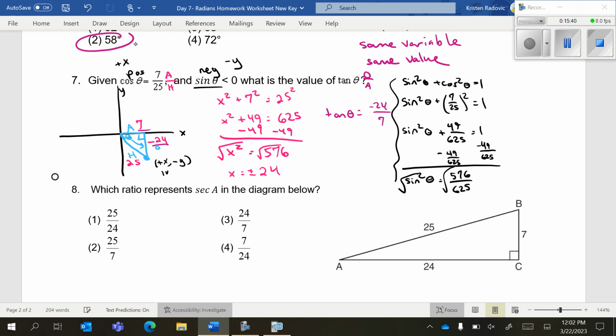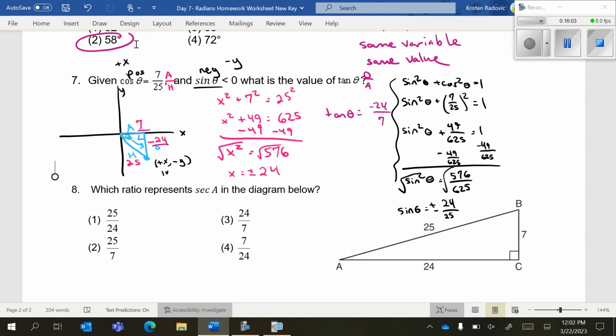You're going to take the square root of both sides, and you get that sine of theta is plus or minus because you're taking the square root. The square root of 576 is 24. Square root of 625 is 25. But you need to figure out whether you choose the positive or the negative.